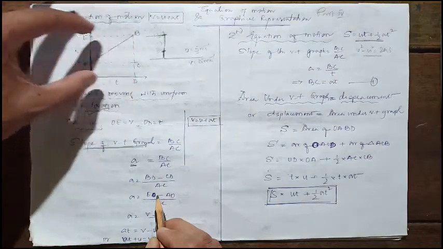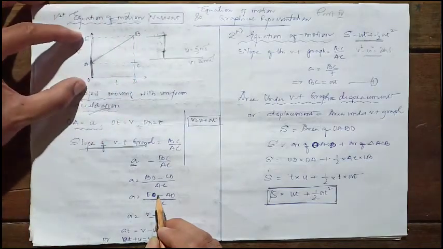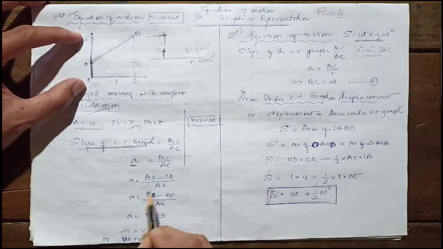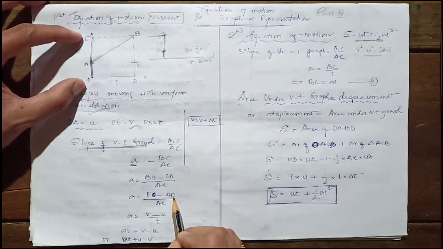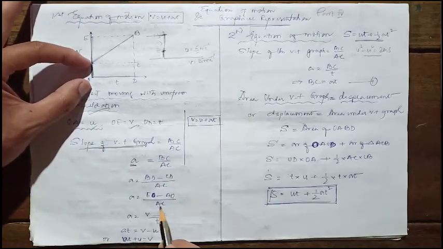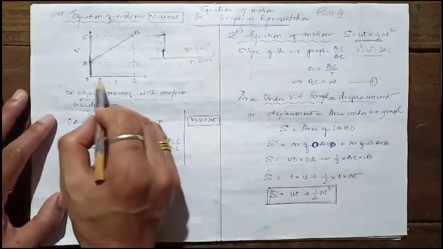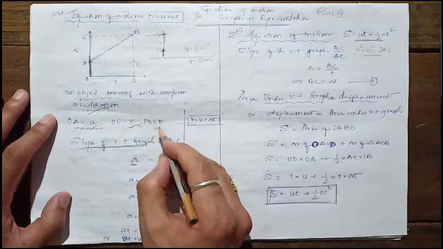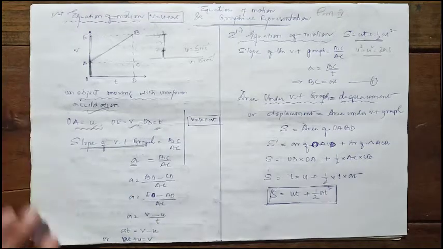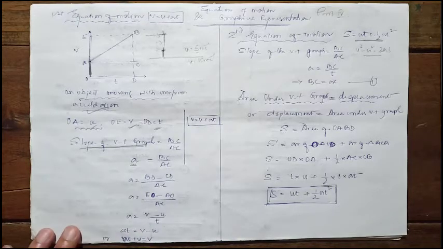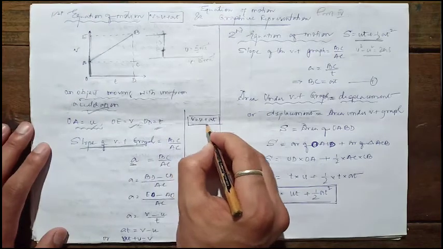BD and EO have the same value, which is v, so I can replace EO by v. Similarly, AO equals u, so AO can be replaced by u. And AC can be replaced by OD, which is t. If I simplify this, I get at = v − u. After rearranging, we get our final equation: v = u + at.